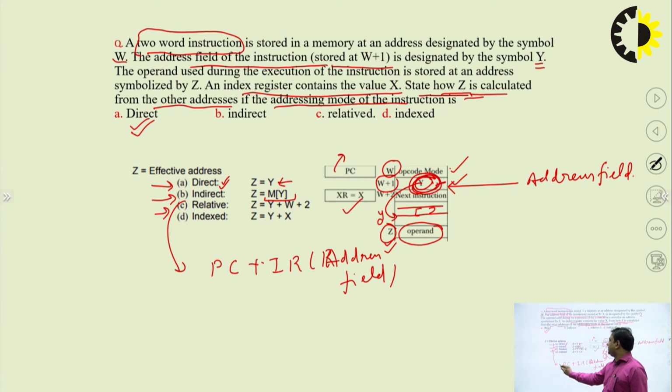The value of the program counter is the address of the next instruction, that is W plus 2. And the value of the address field in the instruction is Y. That is W plus 2 plus Y.